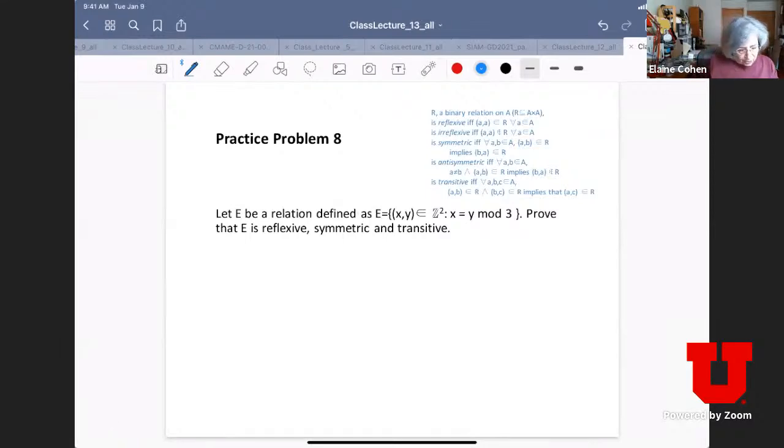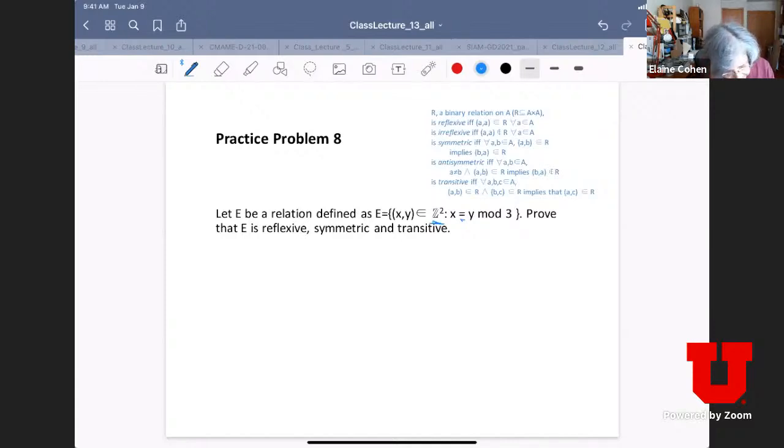Let's try another problem. Let E be a relation defined on Z squared. Remember, that's Z cross Z. That's defined as x is equivalent to y mod 3. Prove that E is reflexive, symmetric, and transitive. Do you remember?